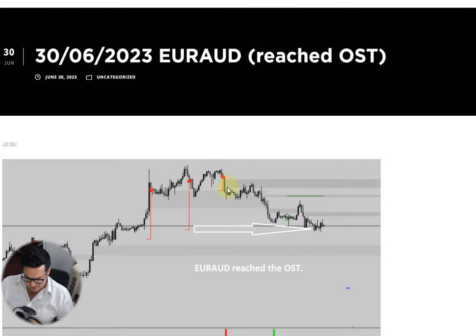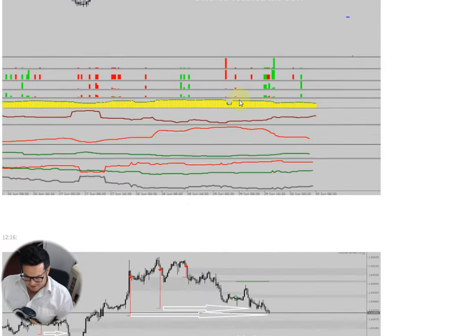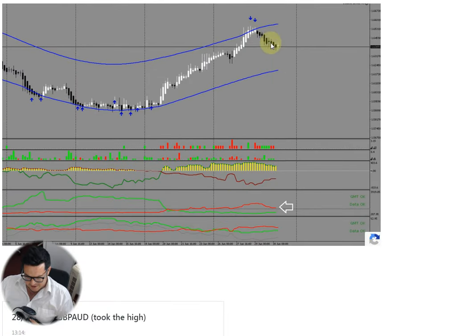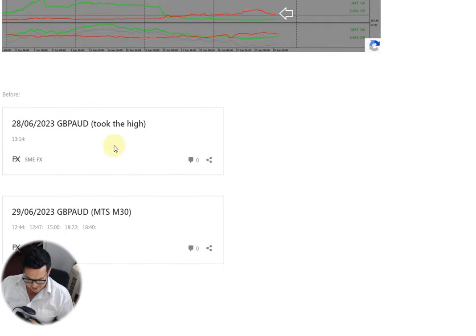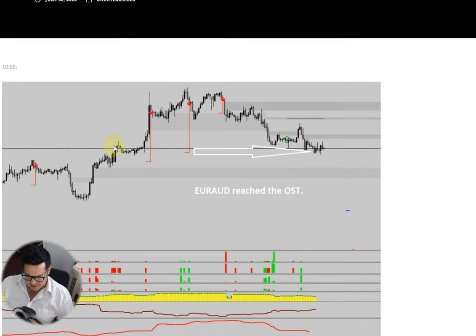And then guess what? On the 30th today, look at that. Open option signals, which got nicely taken. 1, 2. Beautiful short trade with some reversal energy. This has been incredible. Amazing trade there in Euro Aussie.